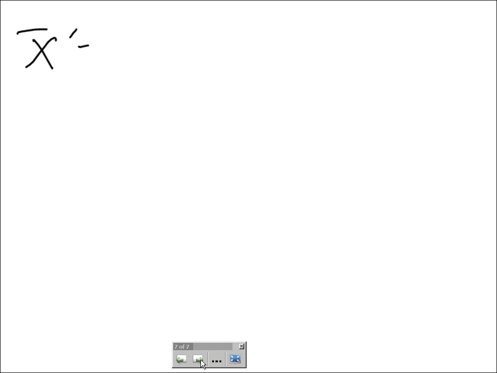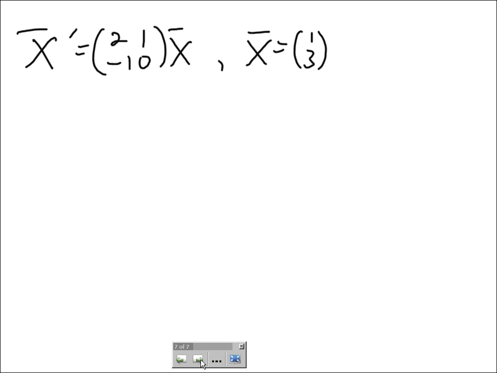x bar prime is equal to [2, 1; negative 1, 0] times x bar. And they tell us that x bar is [1, 3] e to the t plus [4, negative 4] times t e to the t. Well, what would x bar prime be?